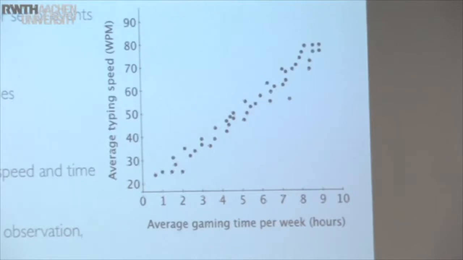And then the same number of people that have been observed that way are also taking a test in typing speed, and the typing speed of these people is measured. All right? And let's just assume for a second that we find the data to be looking kind of like this. So it looks like, as gaming time goes up per week, typing speed in words per minute also seems to go up.